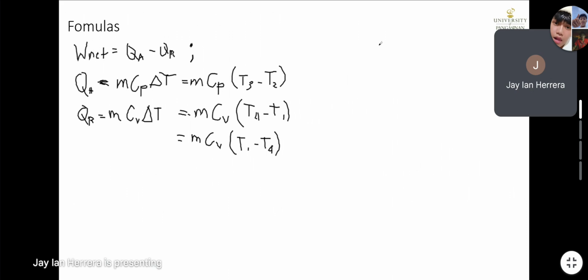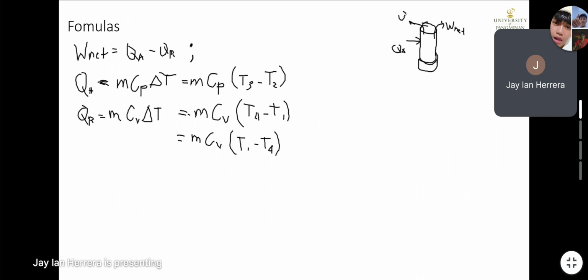Kasi bakit lagi mas mataas si QA kaysa kay worknet? Kasi if i-apply natin yung first law of thermodynamics, the law of energy conservation, let's say we have here one cylinder engine tayo. Ayan, this is our mismong engine. Meron tayong papasok na heat dyan. Ang mga lalabas naman is our worknet and our QR.